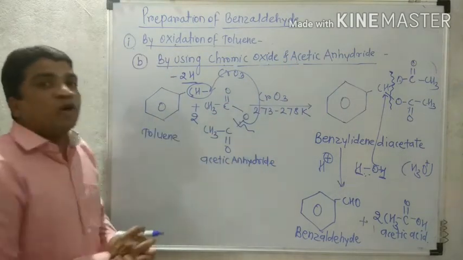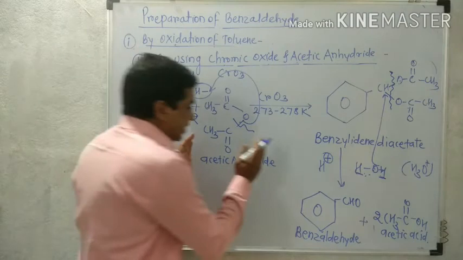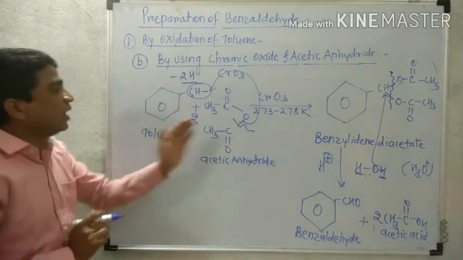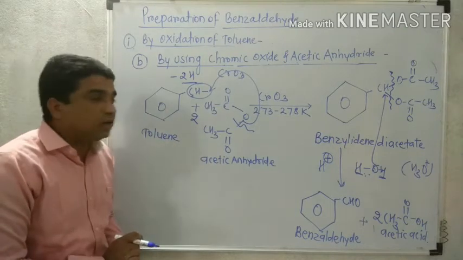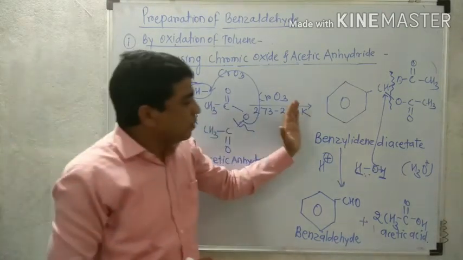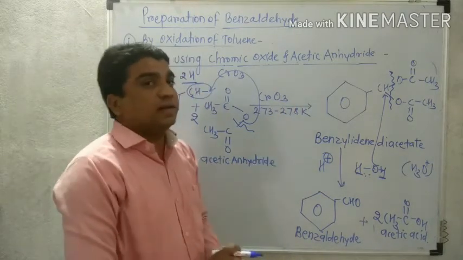When toluene is oxidized using acetic anhydride in the presence of chromic oxide, CrO3, at a temperature of 273 to 278 Kelvin, the reaction first gives benzylidene diacetate.